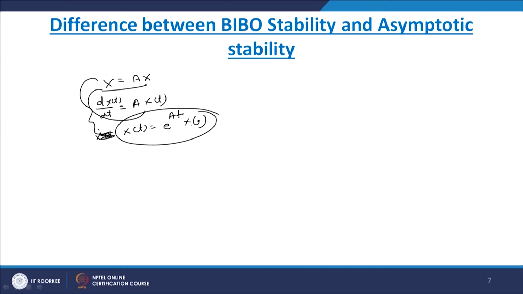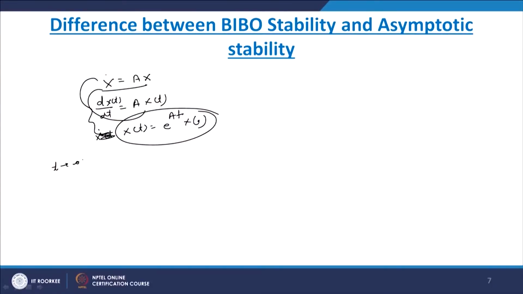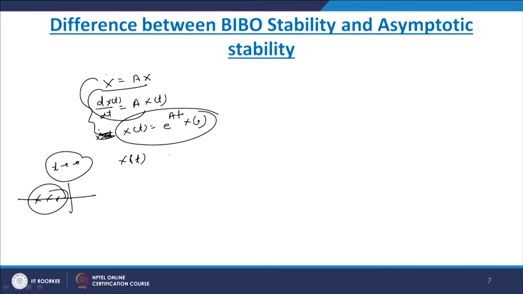Now assume time t tends to infinity and all the eigenvalues of A lie on the left side, that is, all the elements are negative. Then x of t tends to 0 as t tends to infinity. That is called asymptotic stability. For a system x dot equals A x, at t tending to infinity, if x of t tends to 0, the system is asymptotically stable.